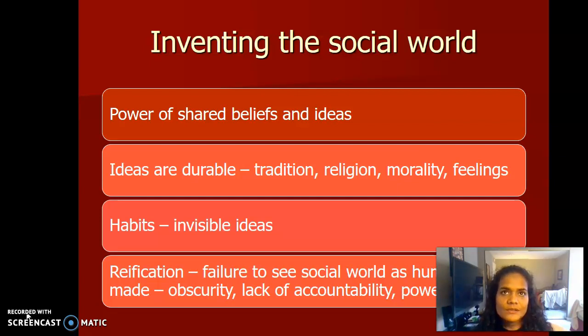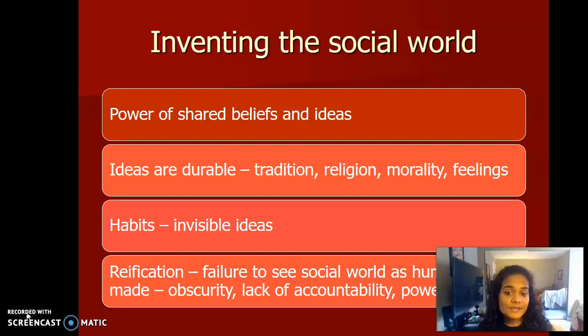Reification is this notion that we start treating things as natural or given or innate when in fact they are socially constructed. Right? And it's a very, very important idea in sociology, because that opens up the door to critical analysis.